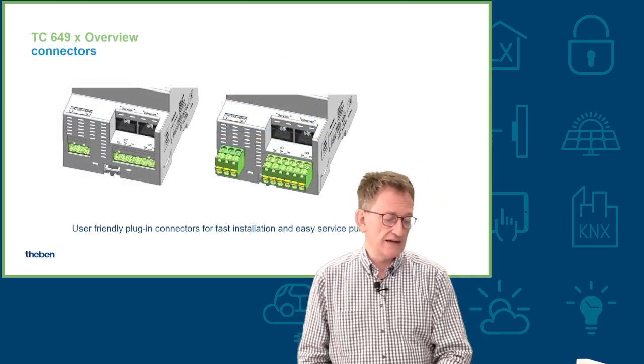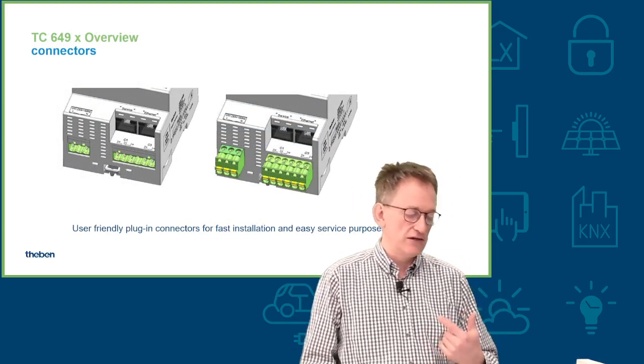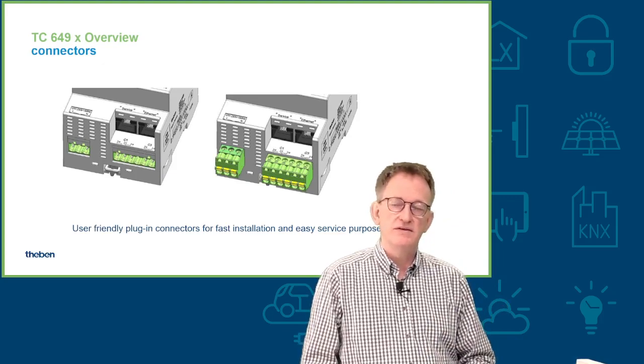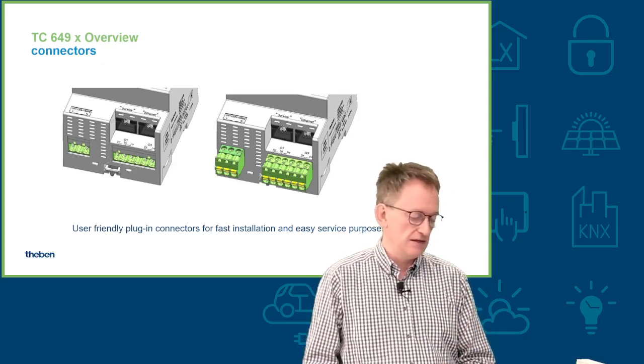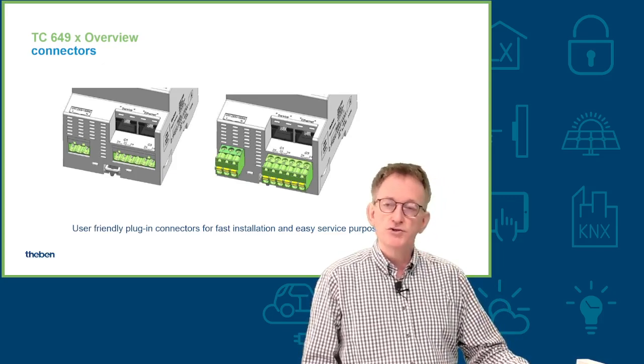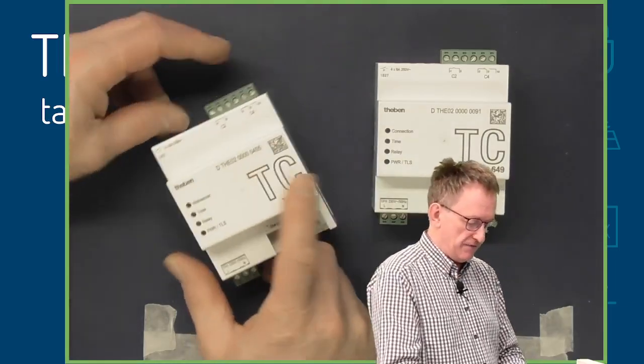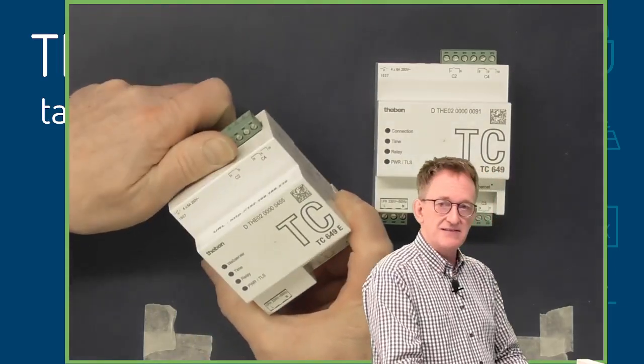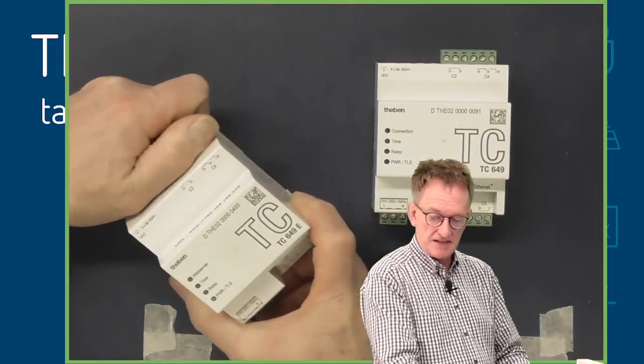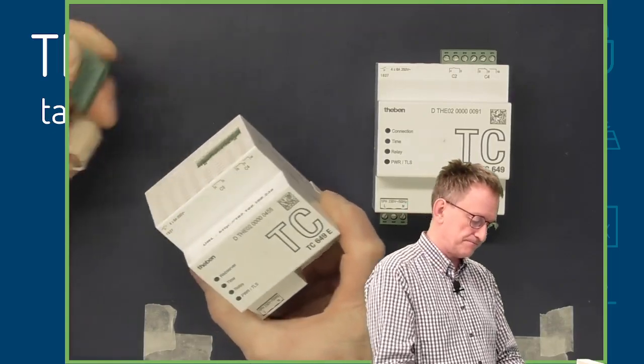Additionally, what kind of connectors do we have? How do we connect the TC in the distribution board? Here I have the TC649, and we have these plug-in connectors.